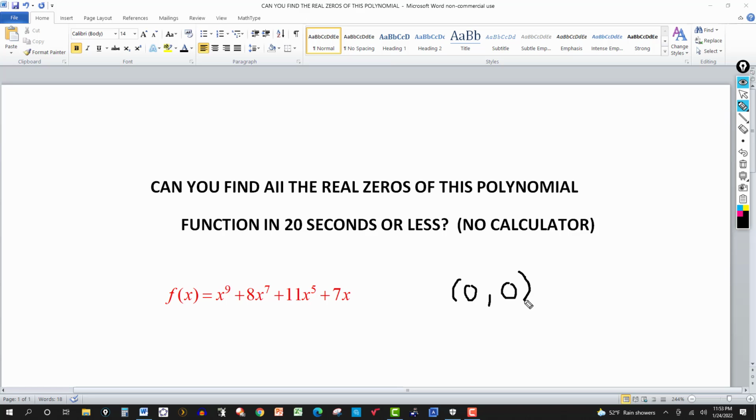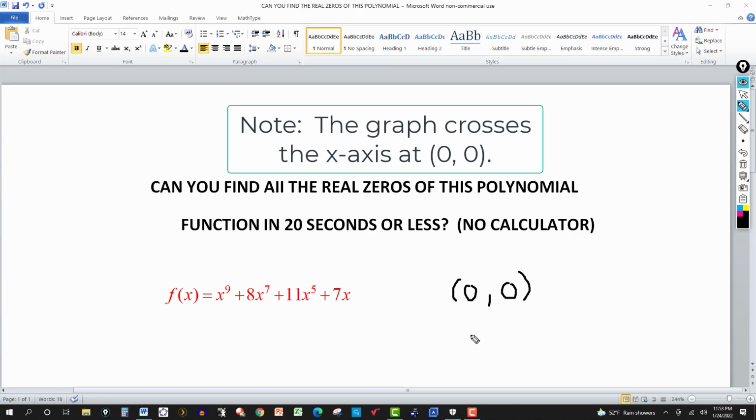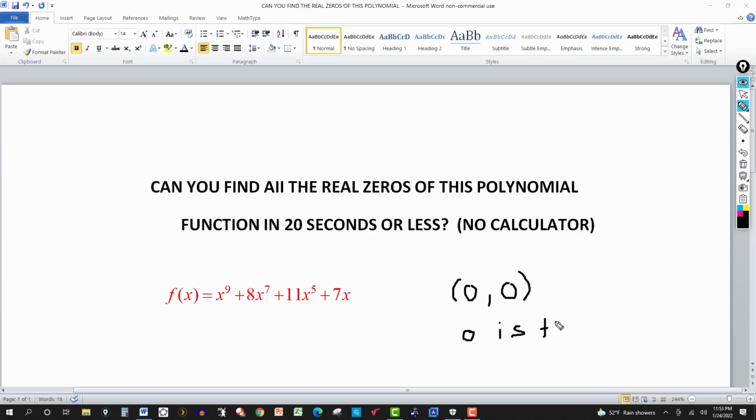So when x is equal to 0, the value of the function is 0. So 0 is the only real zero.